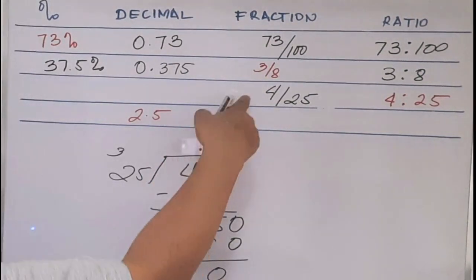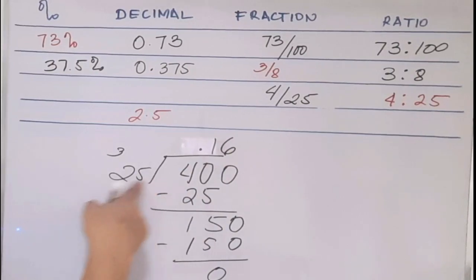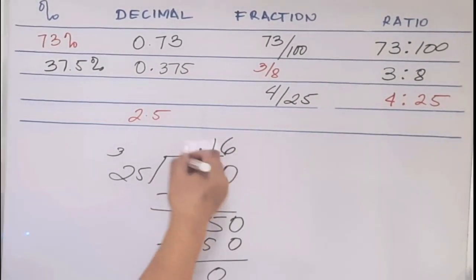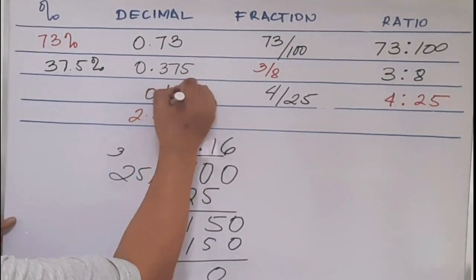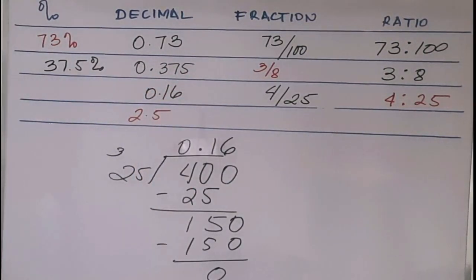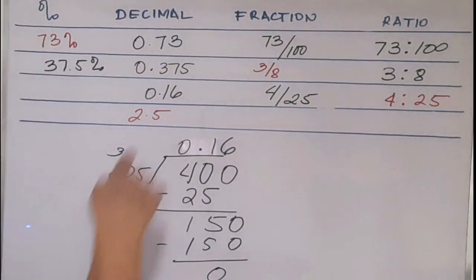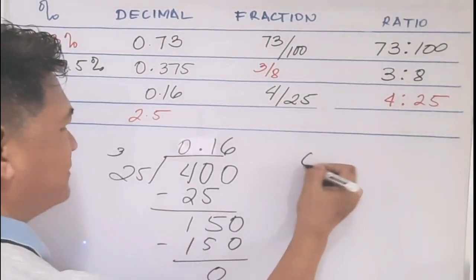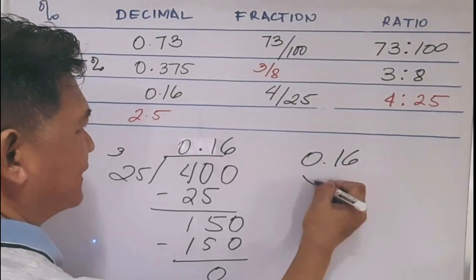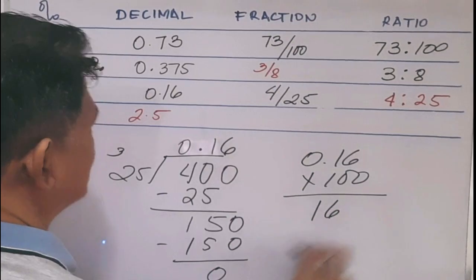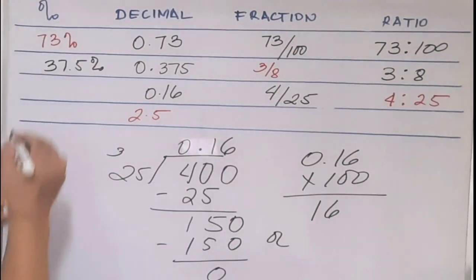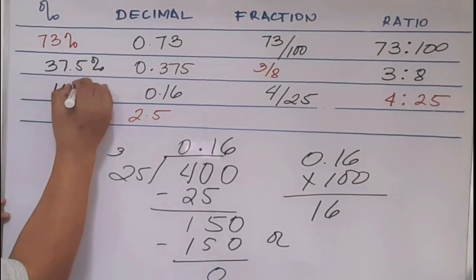Therefore, 4 divided by 25 is equal to 0.16. To convert this into a percentage, we just multiply 0.16 by 100. That would be 16, so that becomes 16%.